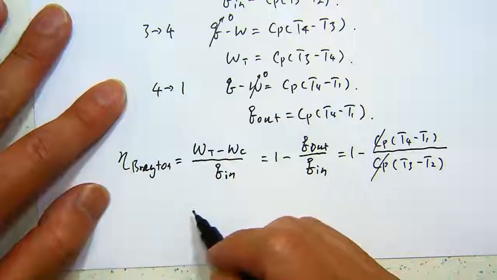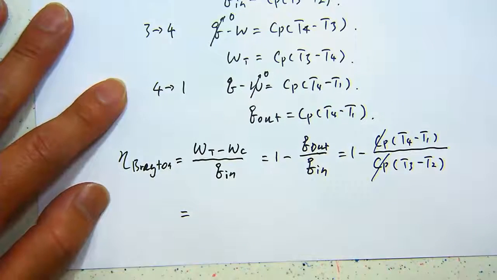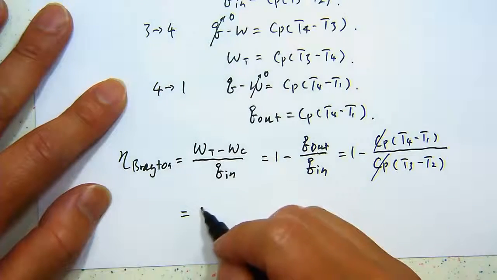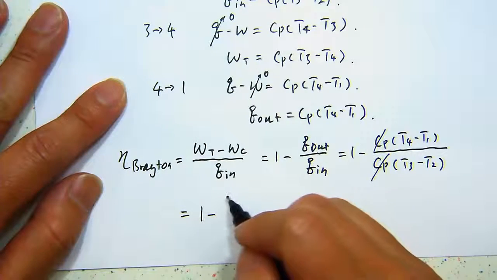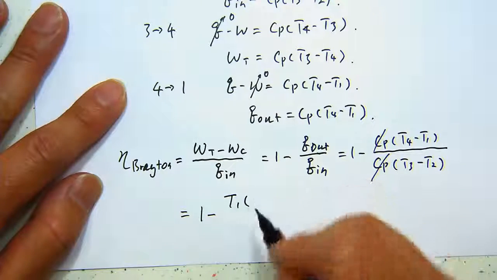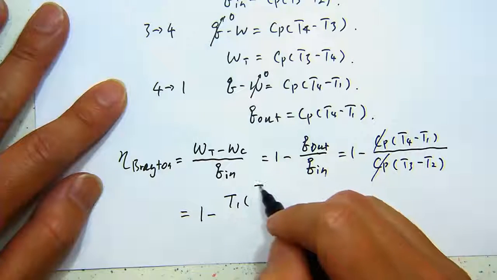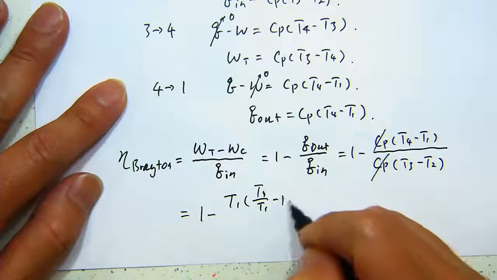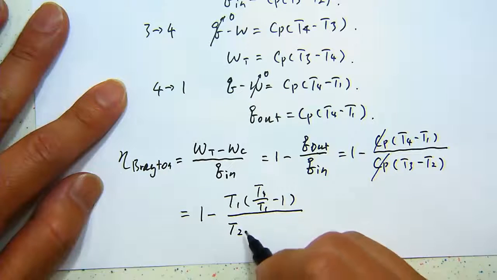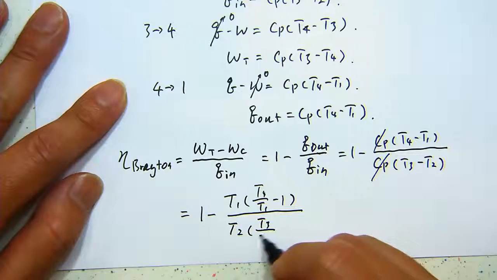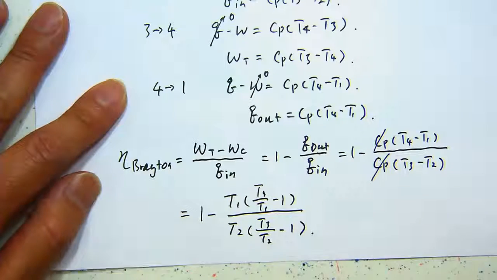Then we have a little bit of a mathematical trick here. We have T1 outside the parentheses, then T4 over T1 minus 1, then T2 times T3 over T2 minus 1.